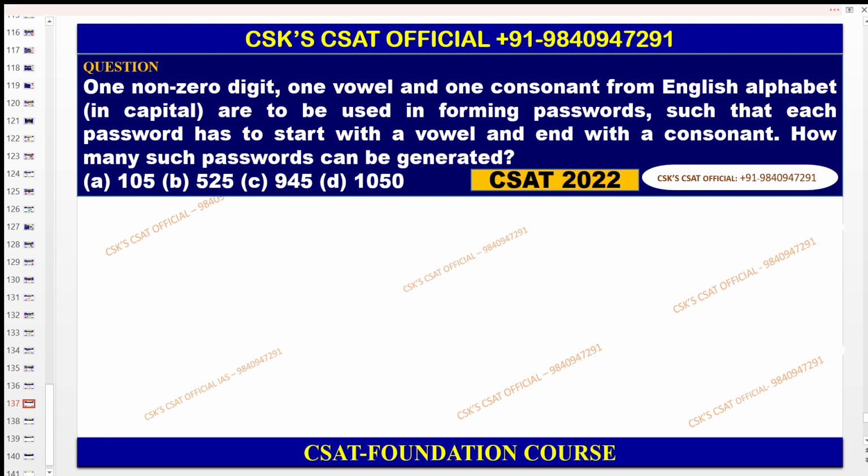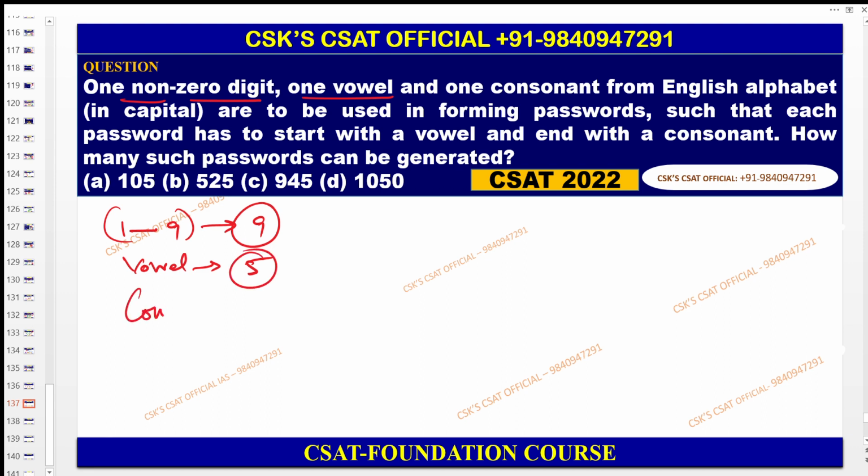Password kind of question. One non-zero digit. Non-zero digit means 1 to 9, so total 9 here. One vowel. Total vowels here is 5. Then one consonant.